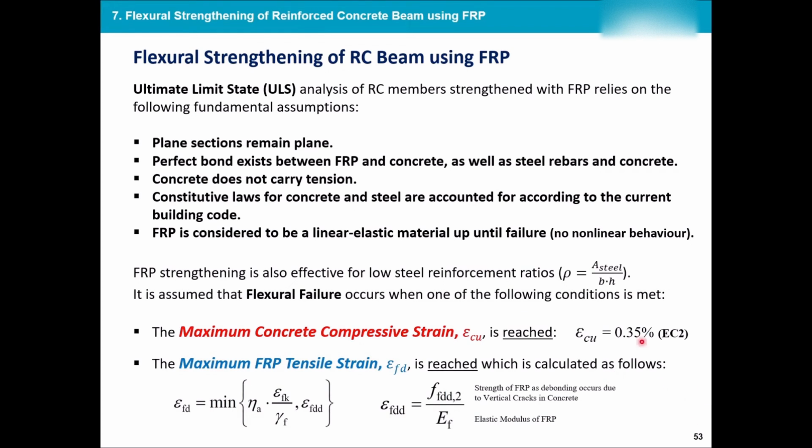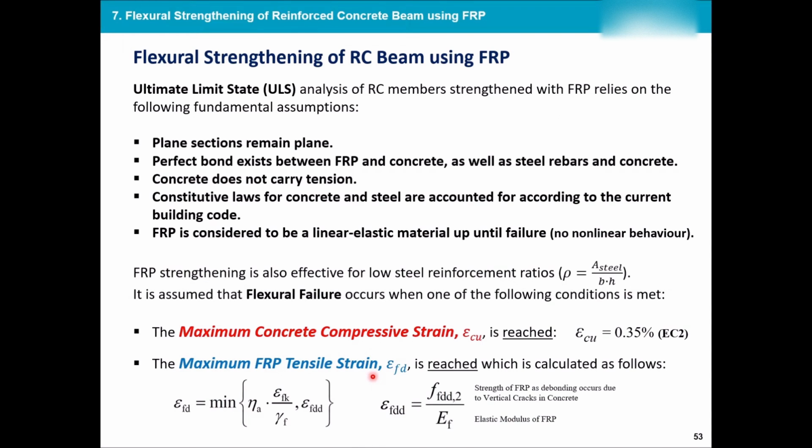According to Eurocode 2, generally concrete has a strain of, let's say, 0.35%. Now, or on the tensile side, I have reached the maximum FRP tensile strain. At the point that I reached that, my tension member, which is FRP, has failed and my section has failed.